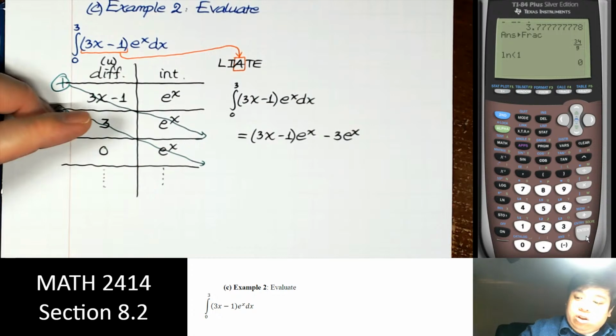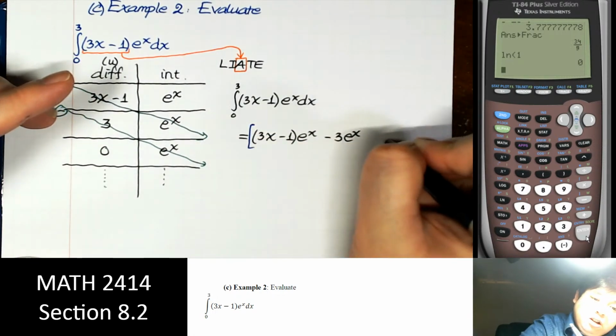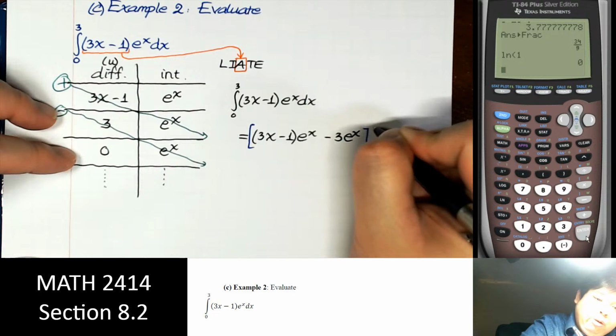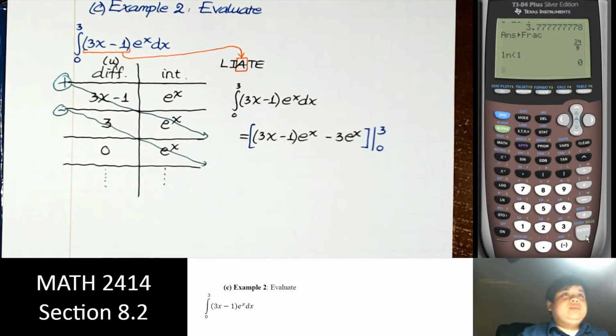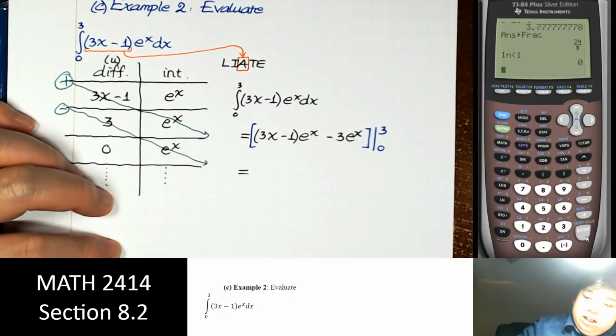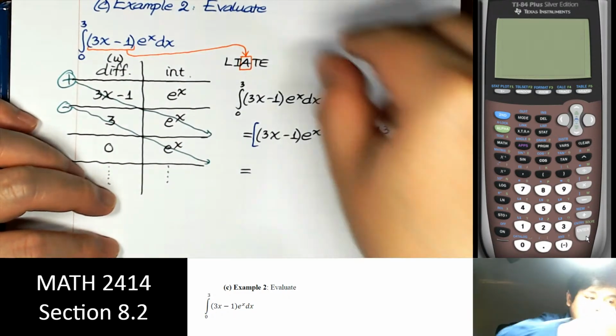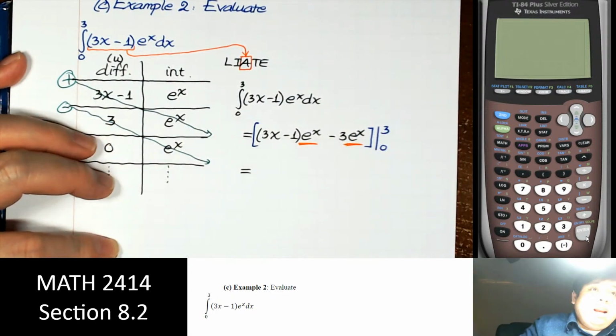But this time with the limit, so what we have to do is, instead of plus a constant c, we will evaluate from 0 to 3. Before we do that, it could be nice if we factor out e to the x here. Let's factor it out.